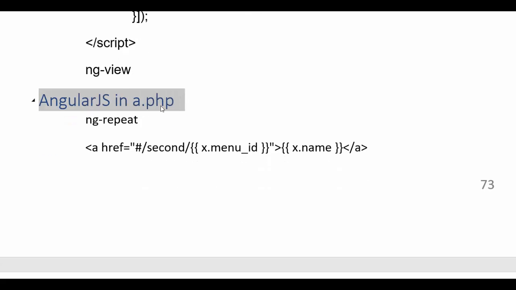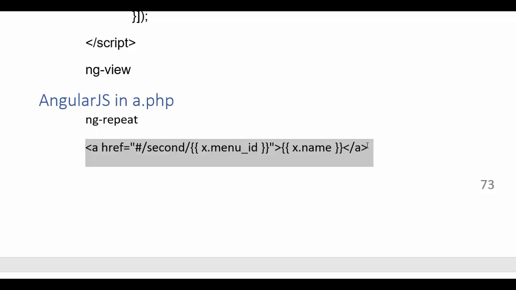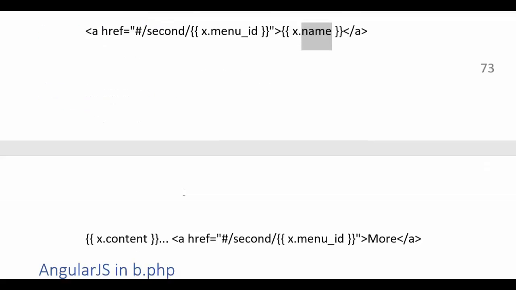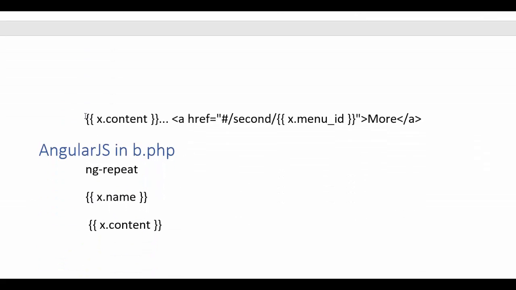AngularJS in a.php is directives ng-repeat and this construction of link in AngularJS format. It is menu ID from table fields, and here is name from table menu. Here is content and more.